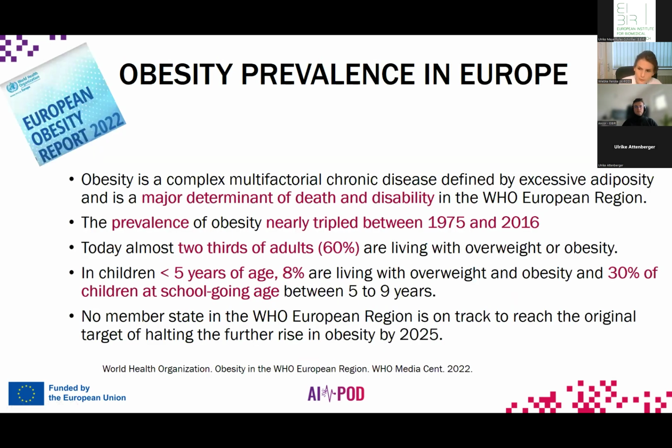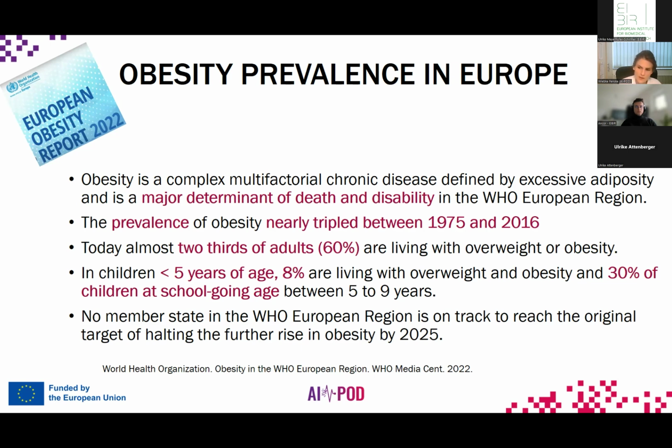So when we turn our focus more on the obesity prevalence, on the obesity rate in the European countries, we see the situation does not really differ, right? Obesity has developed to one of the major determinants of death and disability also in the European countries. The prevalence has nearly tripled within the last 40 years.